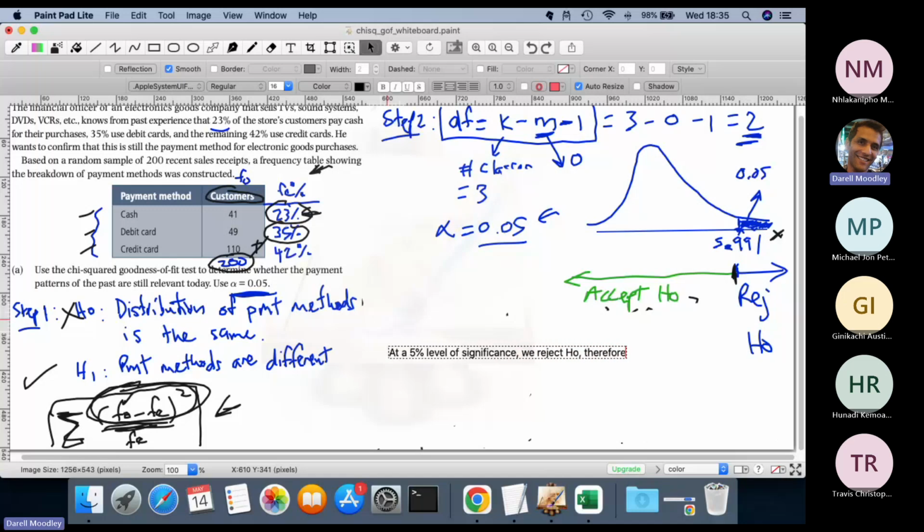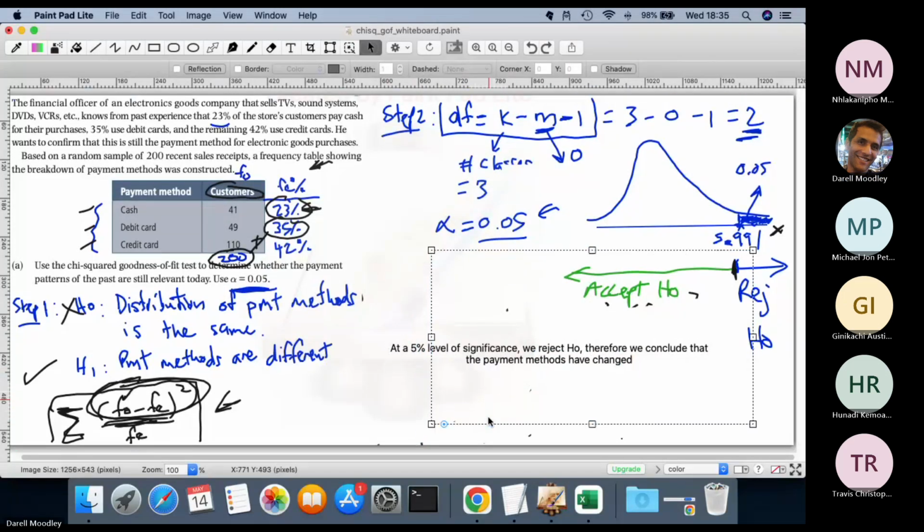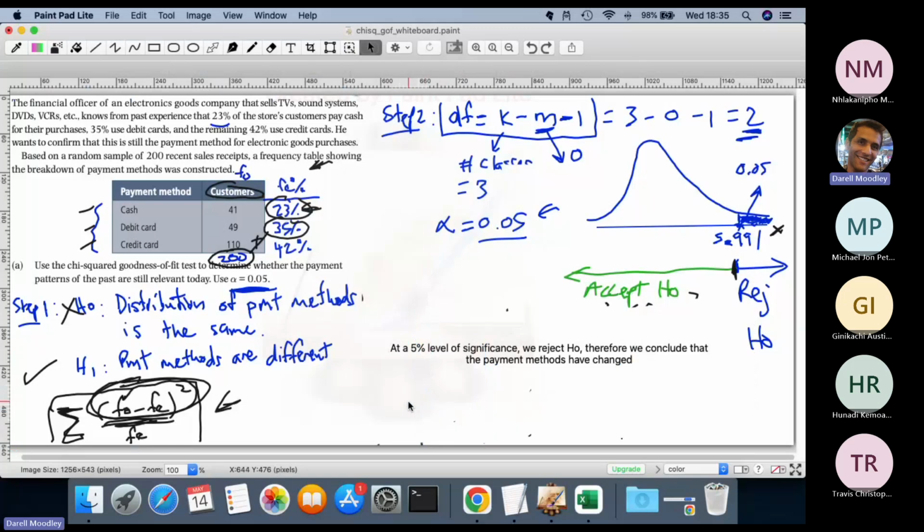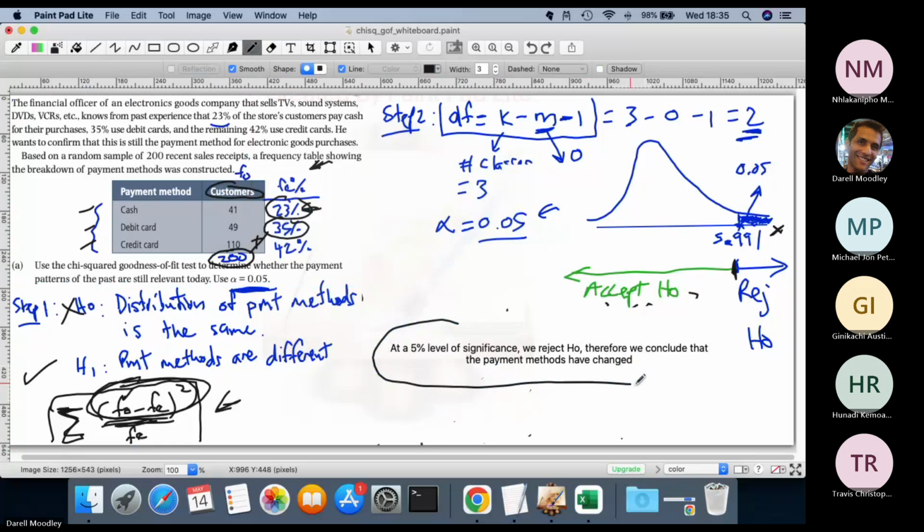Therefore, we conclude that the payment methods have changed. That's it. Question is answered. And that is the goodness of fit test. All right, any questions? That's your conclusion.